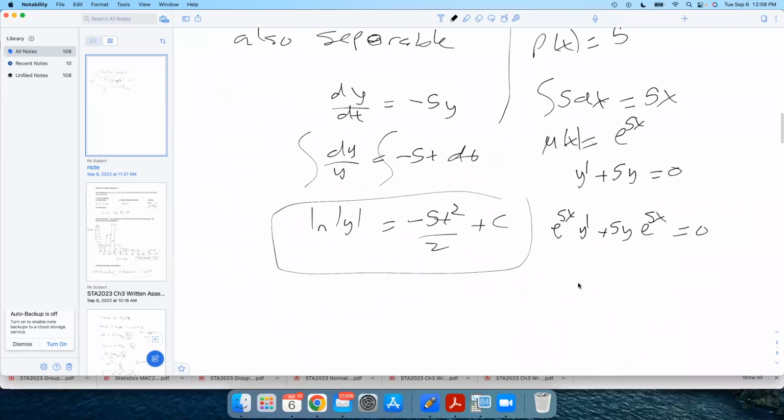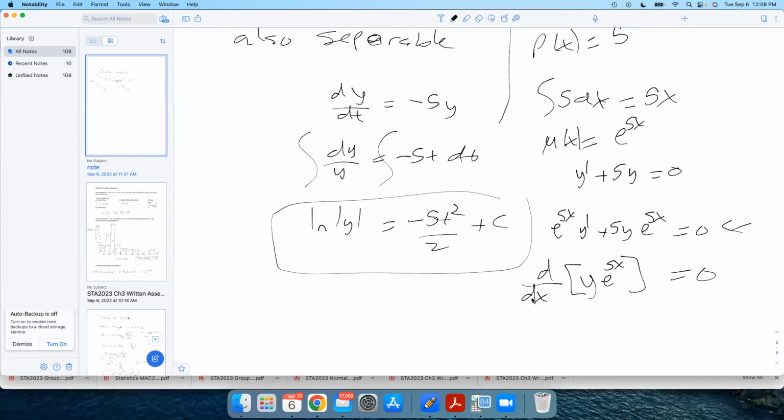Okay, then the left-hand side is the full differential, the product rule derivative, I should say, of y times the integrating factor. This is a necessary step. A lot of people like to jump straight from here to the answer, and you've got to show all your work.